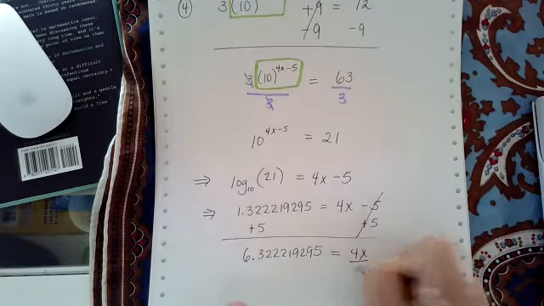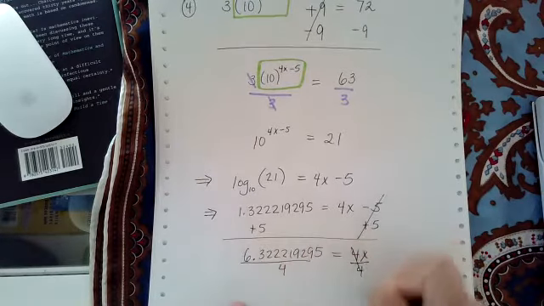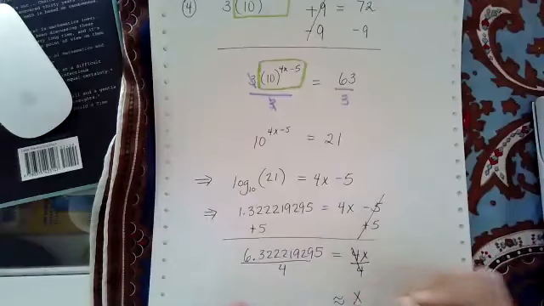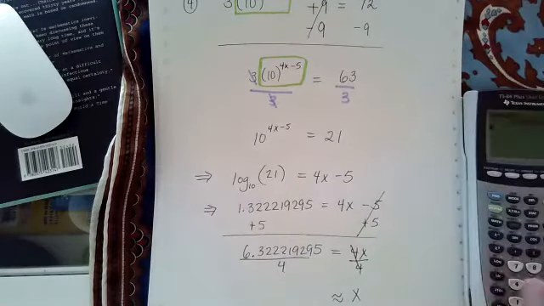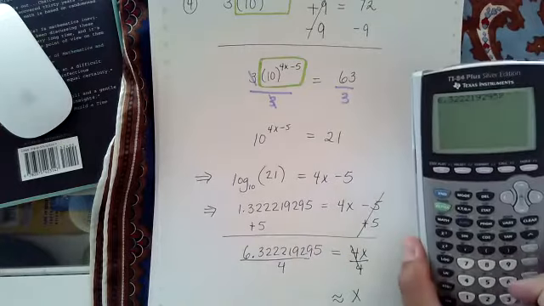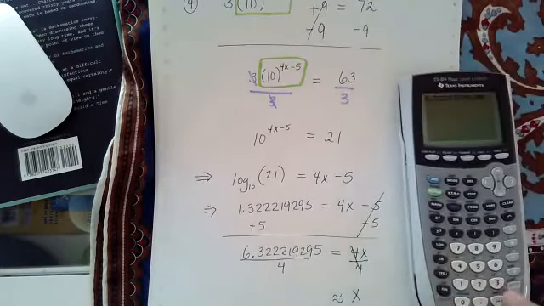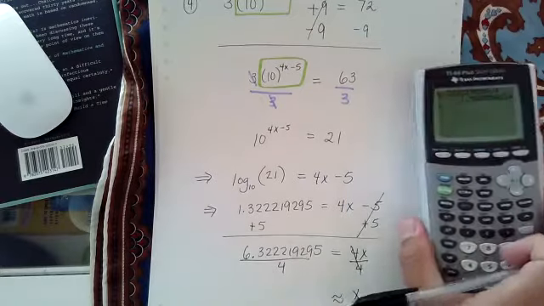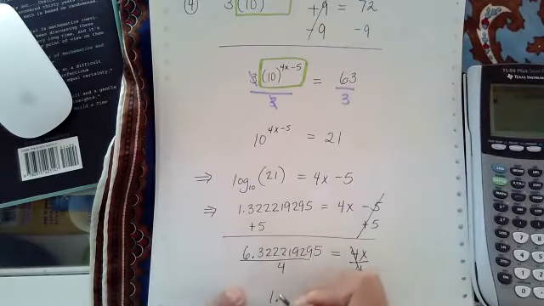Yeah, divide by 4. So x is going to be approximately equal to 6.3222192947 divided by 4. And I get about 1 point, and we need 3 decimal places, so 1.581.